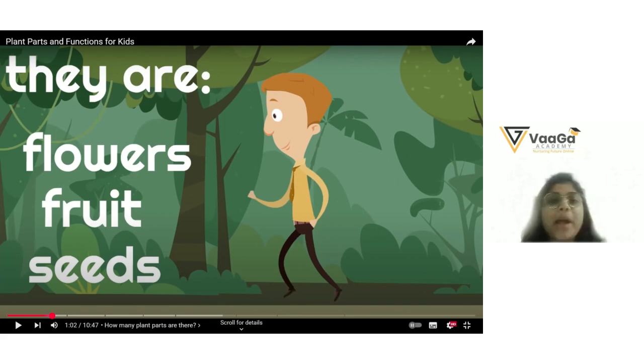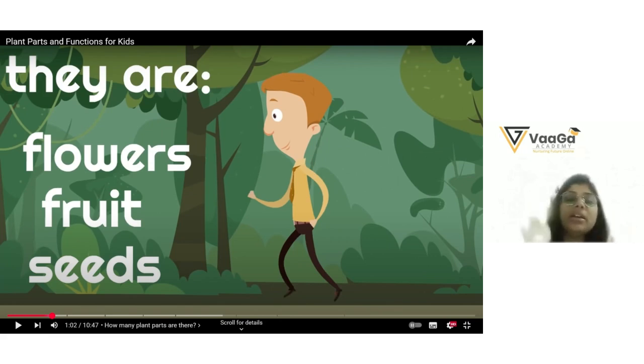So total, how many parts of a plant are there, Pramit? Six. Now what are they? The leaves, the roots, the branches, and the stems. Branches, no, not branches. Only root, stem, leaves, then flowers, fruit, and seeds.